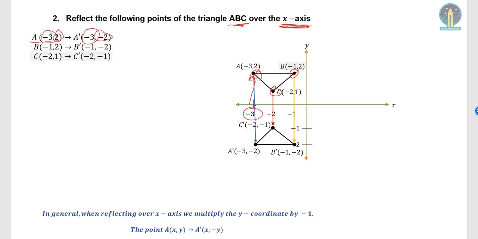For vertex B, you do the same process. X-coordinate remains the same. Y-coordinate gets multiplied by -1 because we're reflecting over the x-axis. For vertex C or point C, the x-coordinate also remains the same. The y-coordinate goes from 1 to -1, gets multiplied by -1. Okay?